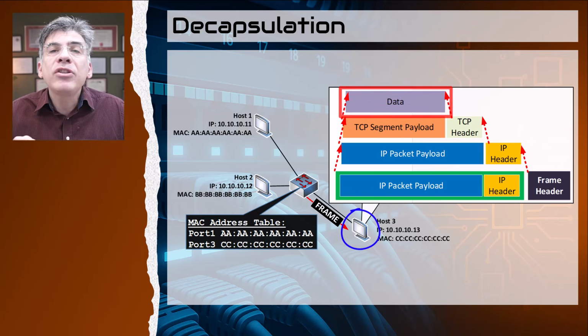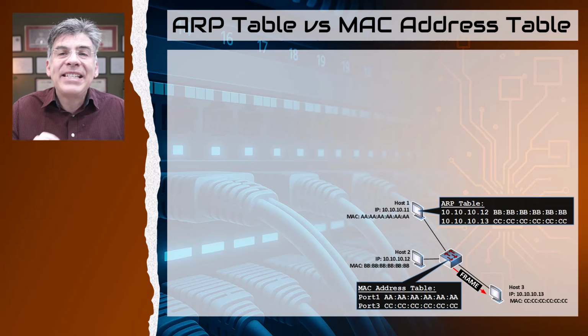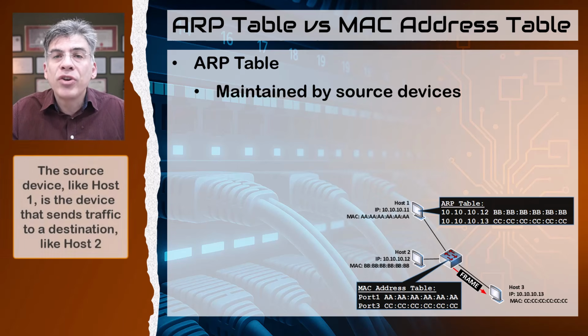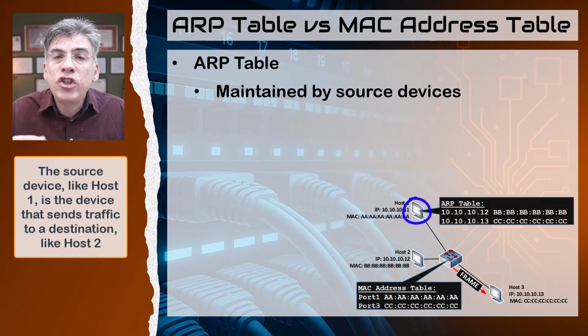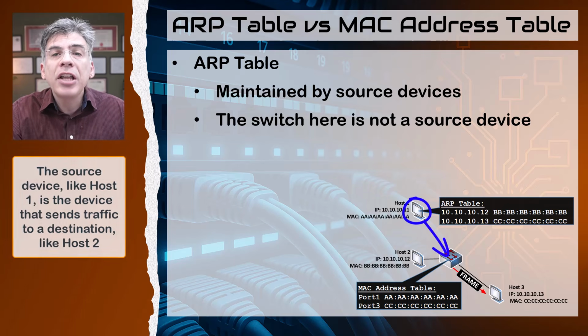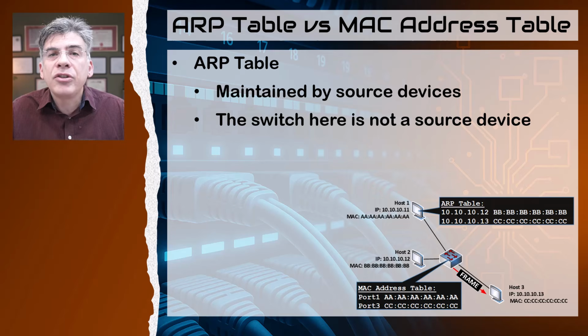Now, it's important to understand the difference between the ARP table and the MAC address table, as these may sometimes be confused. The ARP table is maintained by the source device, that is, the device generating the frames and sending them out. The switch here is not a source device, so it does not maintain an ARP table for the frames it serves.